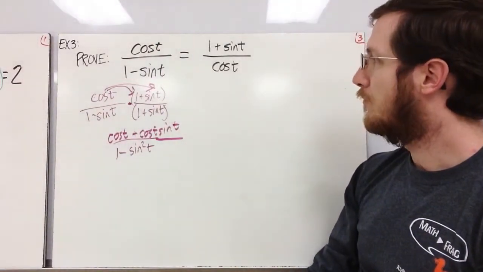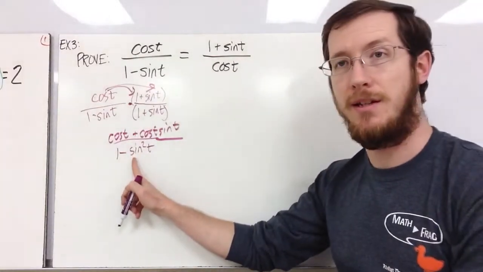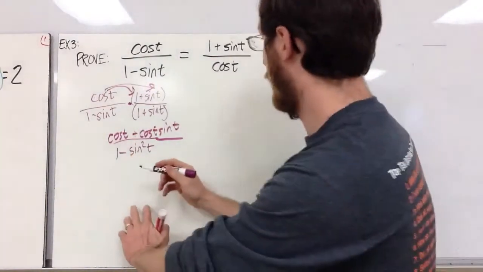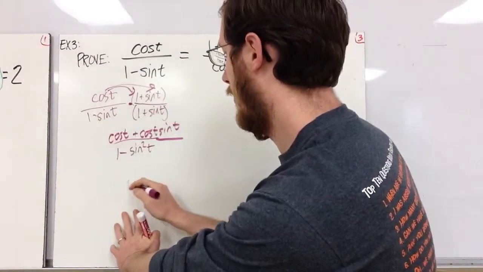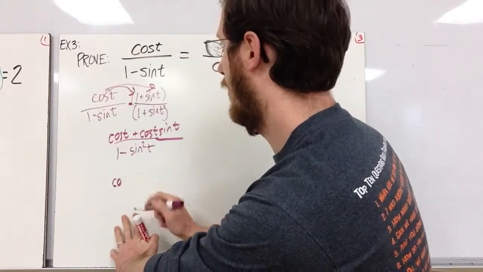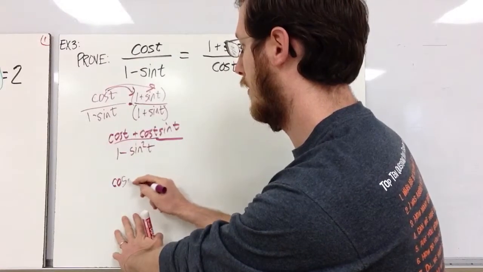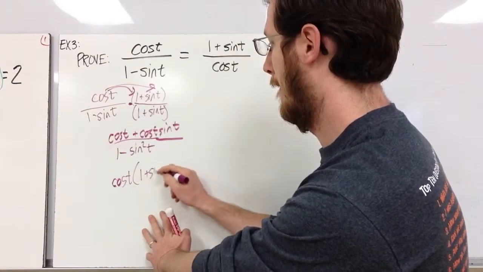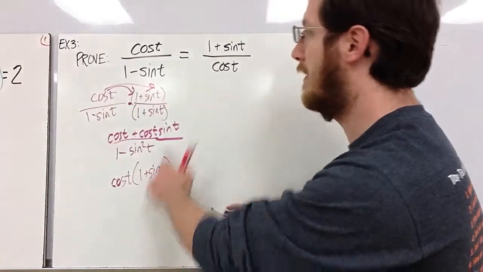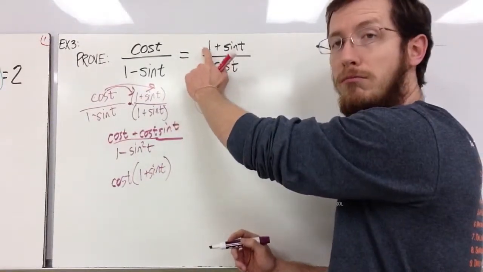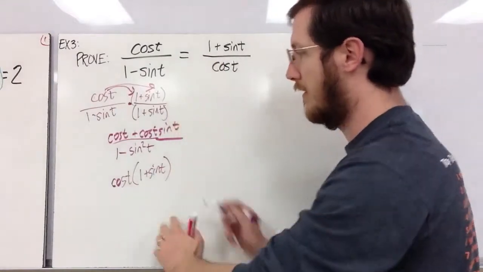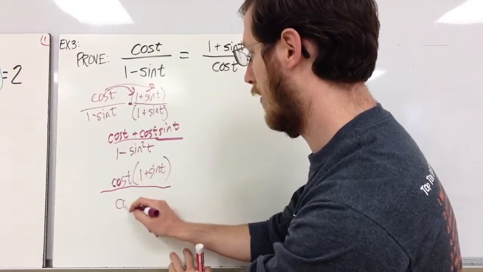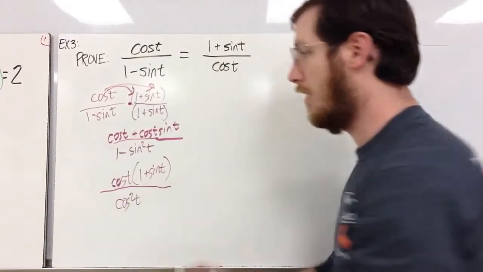Okay? So now I can replace this from my Pythagorean identity with cosine squared of t. So I've got cosine, and I might should have left this cosine of t factored out. Okay, and seeing that this is our goal, it would make sense to leave it factored out like that. Okay, so now we've got cosine squared of t.